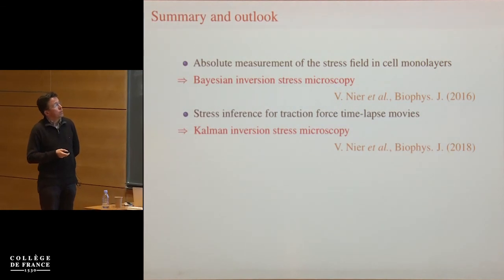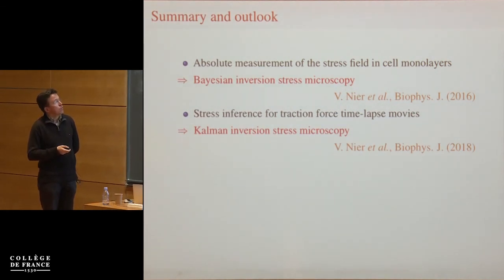Since then, but I have no time to go into this today, we have also implemented a Kalman filter with the same purpose of inferring stresses from traction forces, but this time taking advantage of the correlation between successive images, and therefore dealing directly with full movies and not individual images.